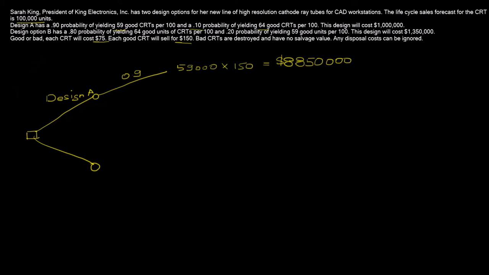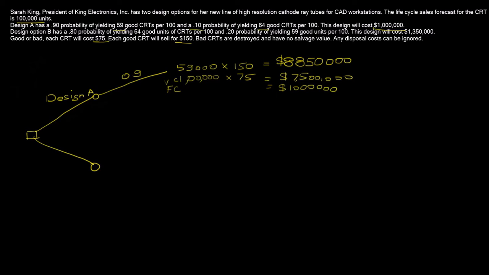Now, however, the variable cost is 75 for the entire 100,000 units, right? So the cost of production is actually going to be $7.5 million. Now, the design will also cost $1 million. So that's the fixed cost, and this is the variable cost.